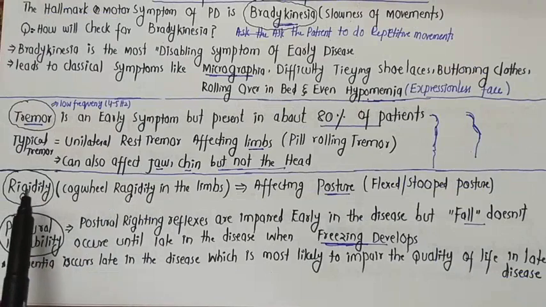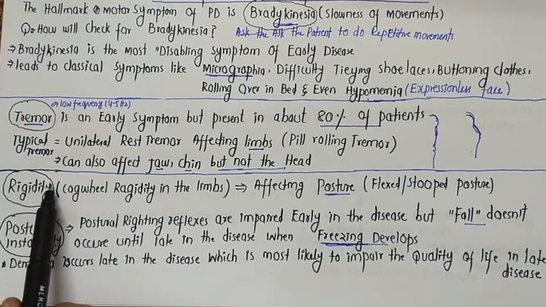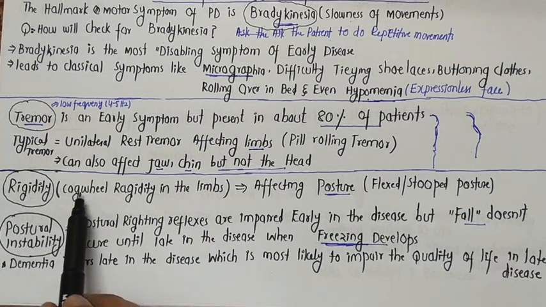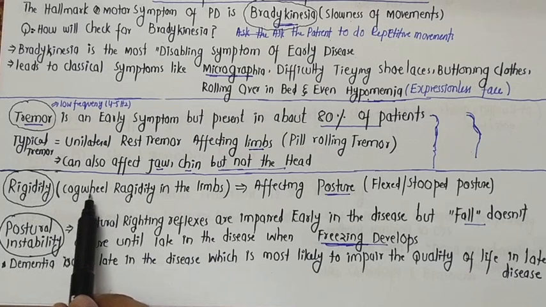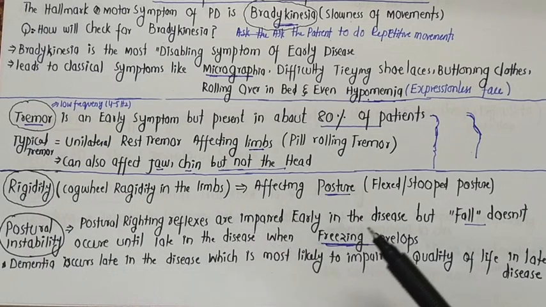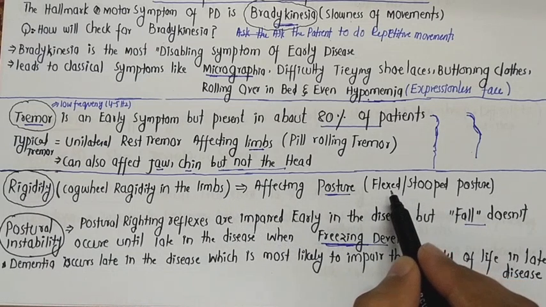Moving on to the third clinical feature of Parkinson's disease, which is rigidity. Rigidity is specifically of cogwheel type, and it affects the limbs. It also affects the posture of the patient, and the posture becomes flexed or stooped.